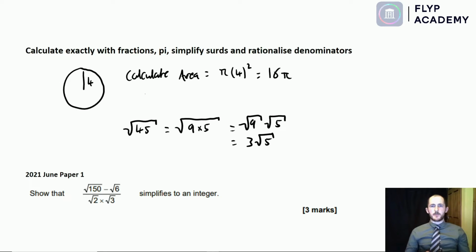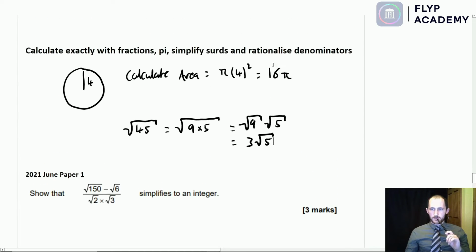So that is something they expect you to do. You need to simplify your surds. In the non-calculator paper, they'll expect you to simplify every surd you have. So if it can, try and break it into a square number and a non-square number. You're golden if you do that, because then you just need to square root the square number. If not, then you can't simplify it and you're good.